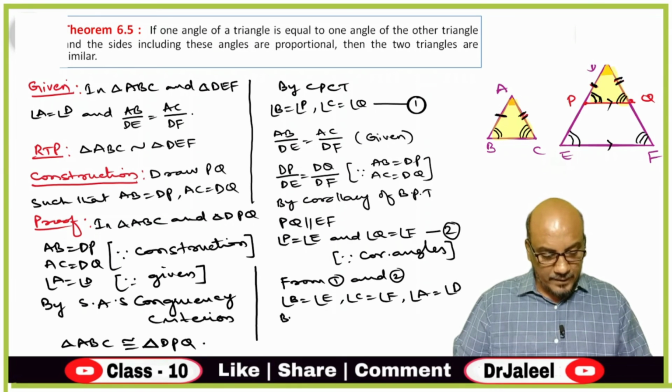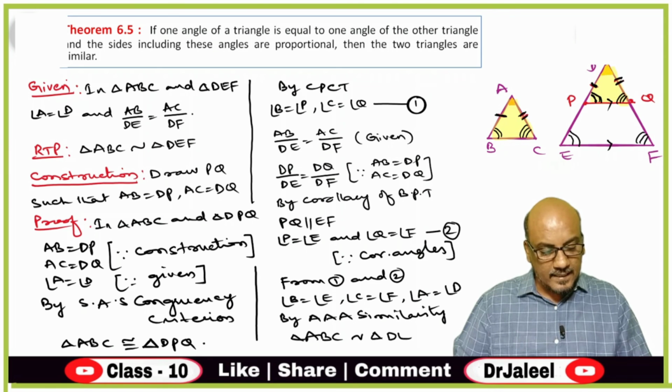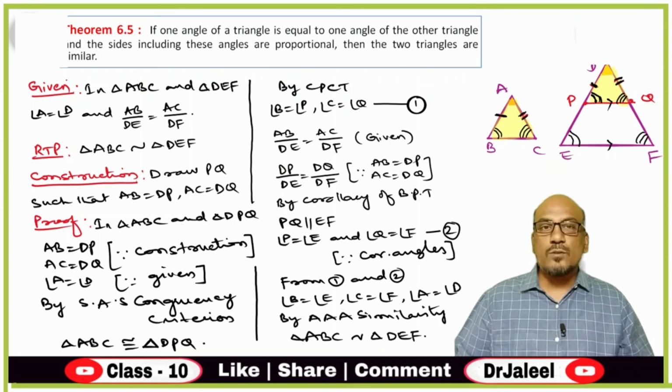So by AAA similarity, you can say that triangle ABC is similar to triangle DEF. So this is how we prove SAS similarity criterion, side angle side, and we'll also be using this criteria to solve various problems.